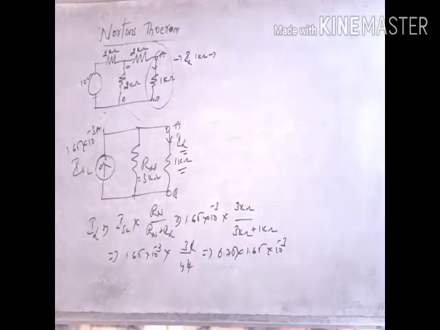So 1.23 into 10 to the power of minus 3 amperes is the answer. Like this, we have to calculate the response, or the current through any element.